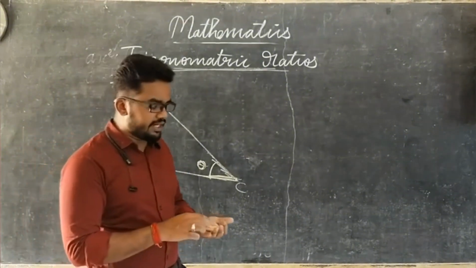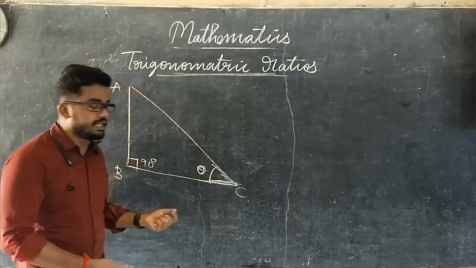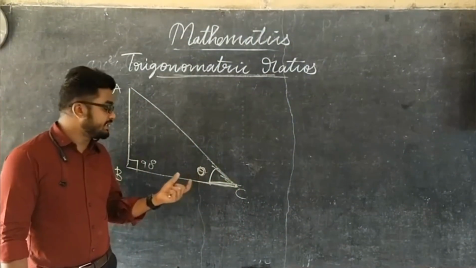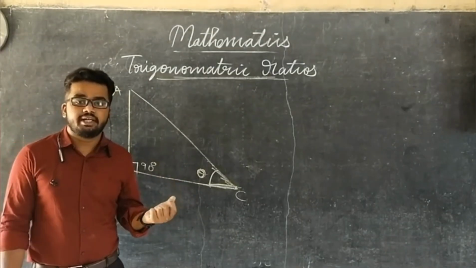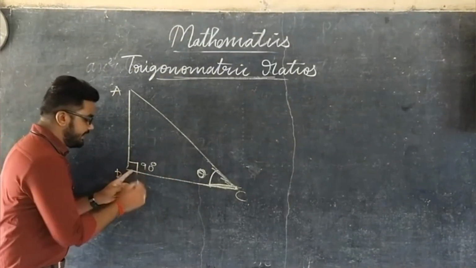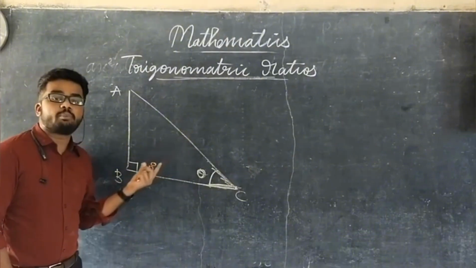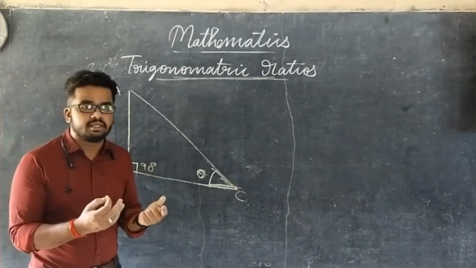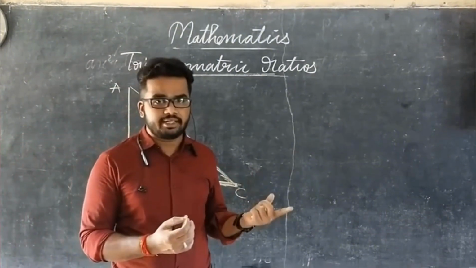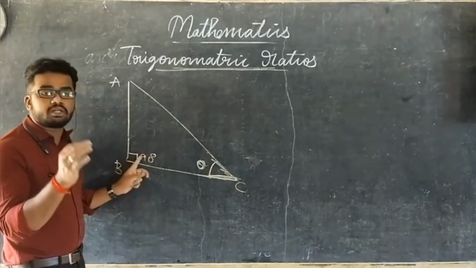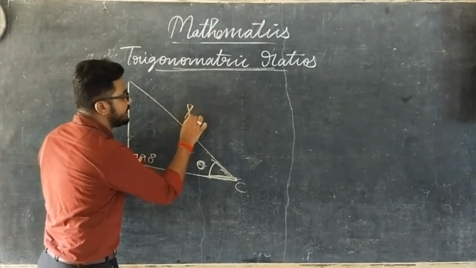Many students find it difficult to recognize which is the opposite side. See, it is very simple, dear students. Look here. The side which is opposite to 90 degrees, remember this, is always called the hypotenuse side.